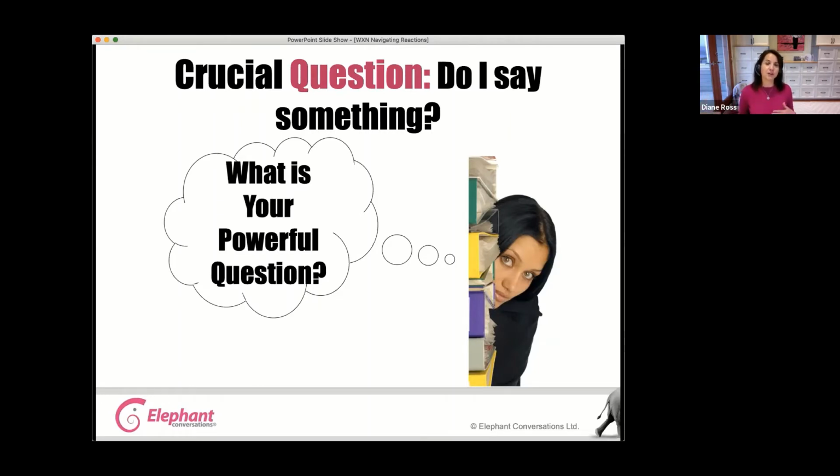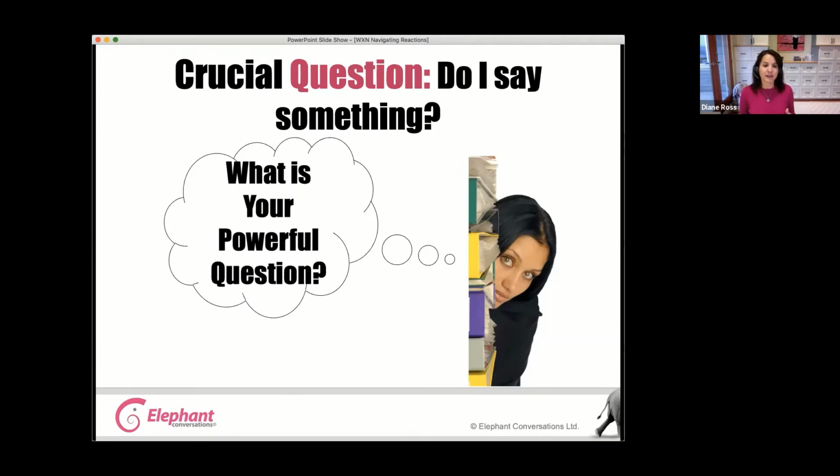If you're talking about somebody who's reporting to you, you may ask yourself a question along these lines: am I supporting this person in their development if I don't say anything? It can really be any question that helps you to decide.